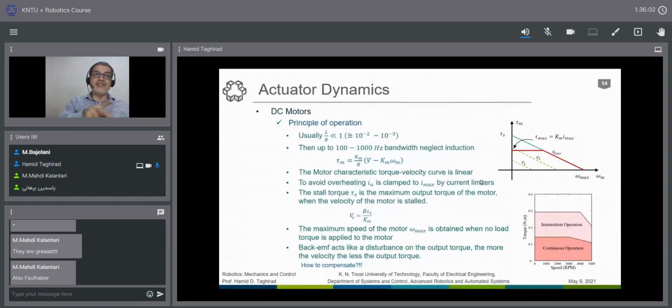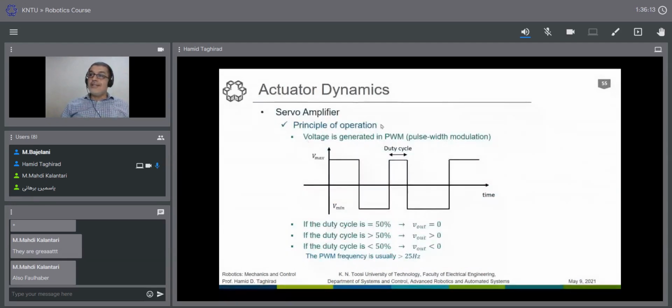We don't use a battery to do that. We usually use a driver to control the current or the voltage that is applied to the motor. And usually the servo amplifier also uses the PWM principle of operation, the pulse width modulation.